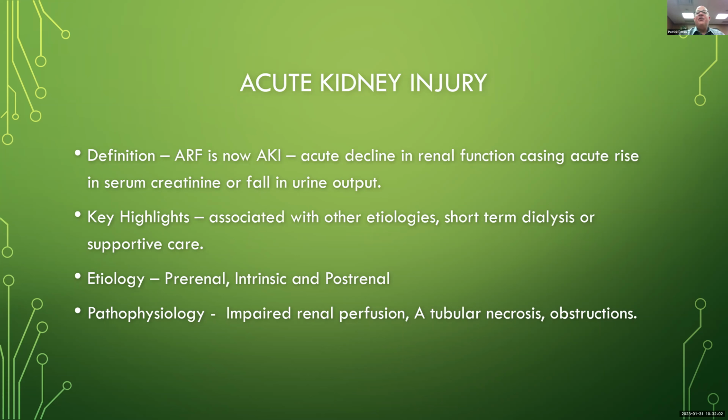Because the kidneys receive everything that they need, nutrition-wise, and the stuff needing to be filtrated from the renal artery. And if there's something compromising the blood flow to the kidneys, then that would be considered a pre-renal etiology. And again, impaired renal perfusion, a tubular necrosis, or an obstruction would be our pathophysiology.